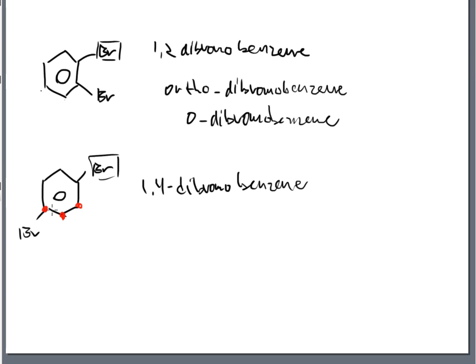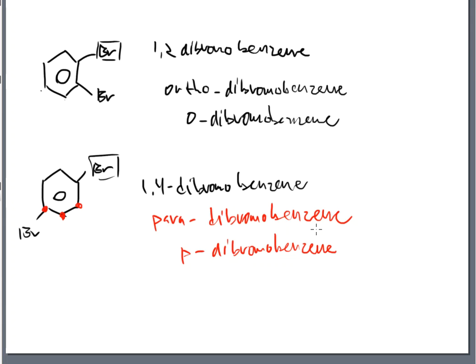So that looks like this is a para position. So para dibromobenzene, and then if I want to shorthand it even more, I use the P, dibromobenzene. There you go. That's it.